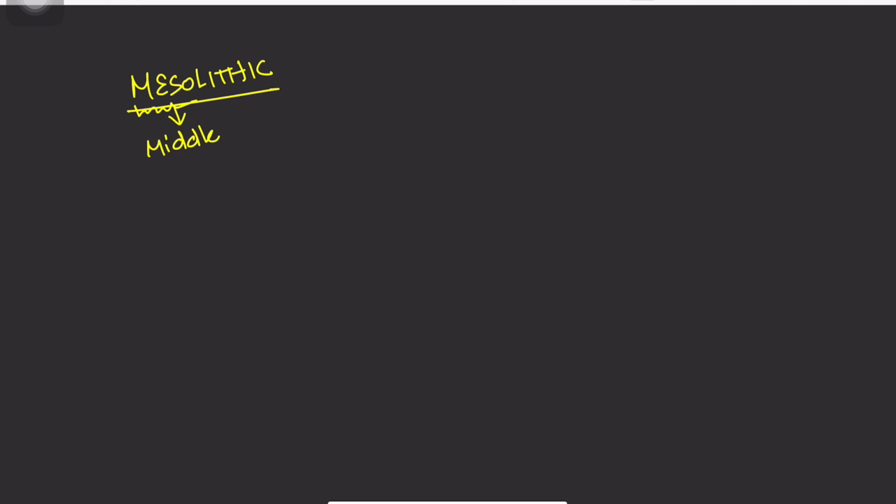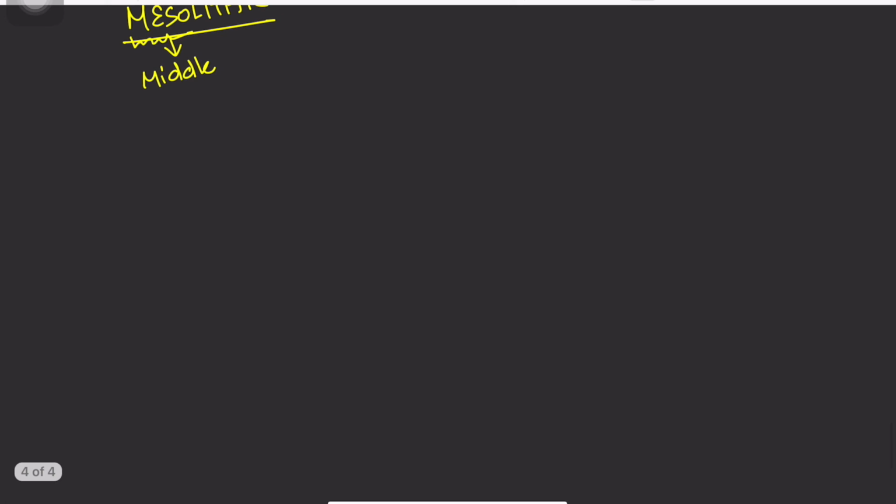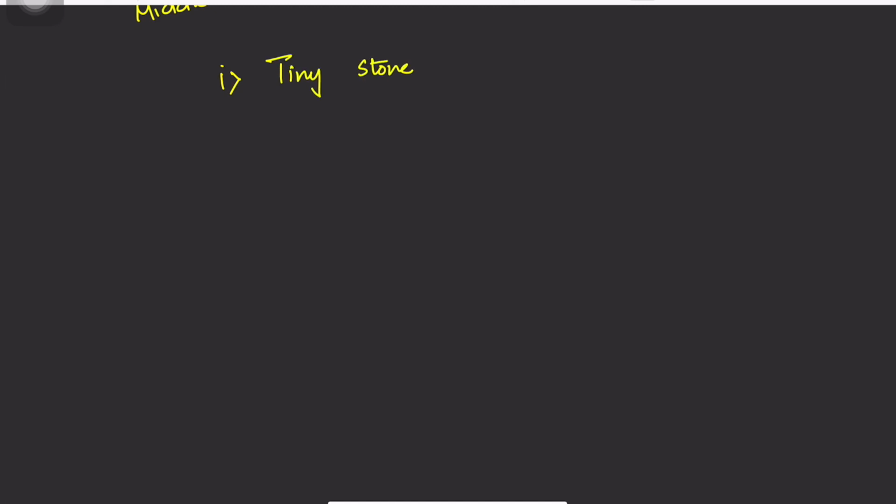Okay, if you take some key highlight points of Mesolithic, the important thing you have to remember is the emergence of usage of tiny stone artifacts. Okay, tiny stone artifacts, because they were using very small scale tools to hunt the animals. Okay, then the maximum size was usually up to 5 centimeter.